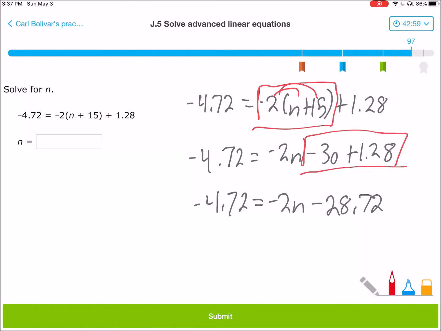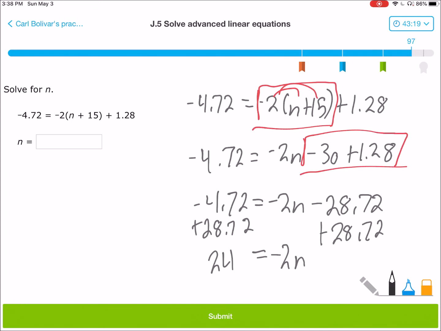So now we will add 28.72 on each side. So when we do that, we will get 24 is equal to negative 2n.